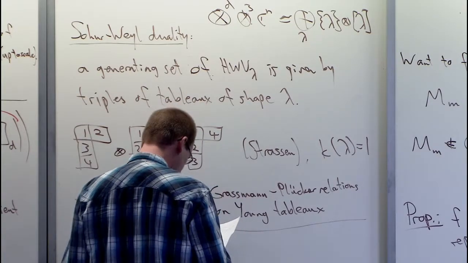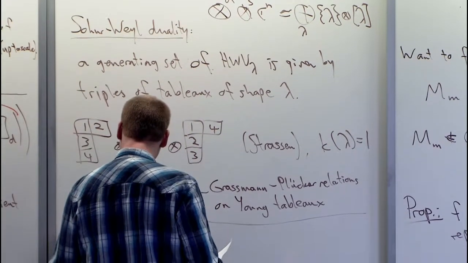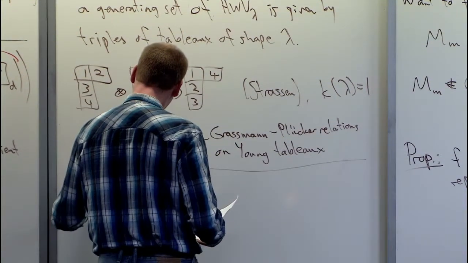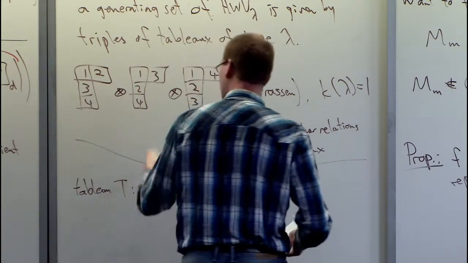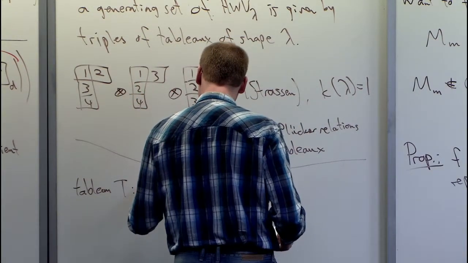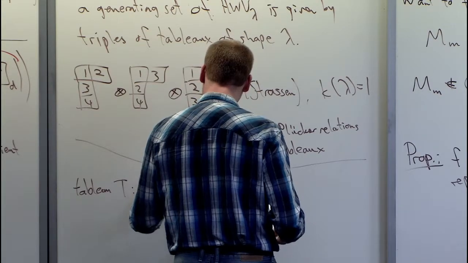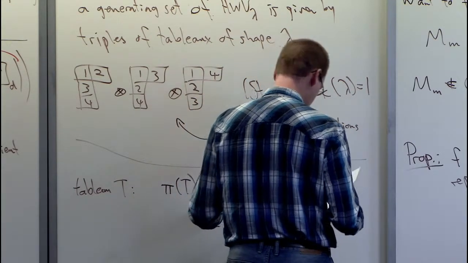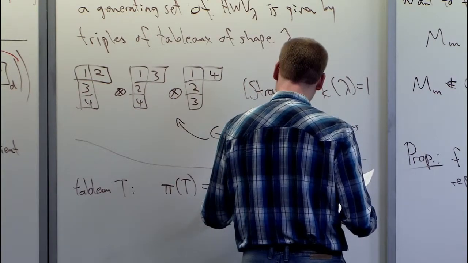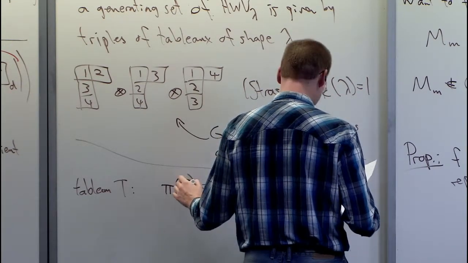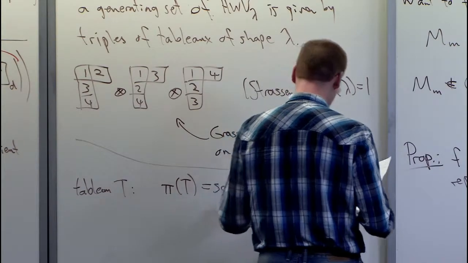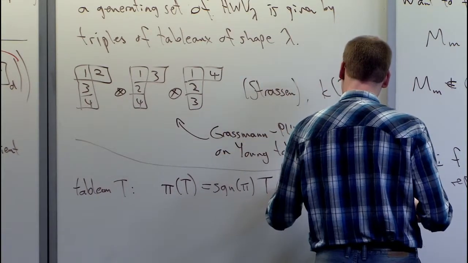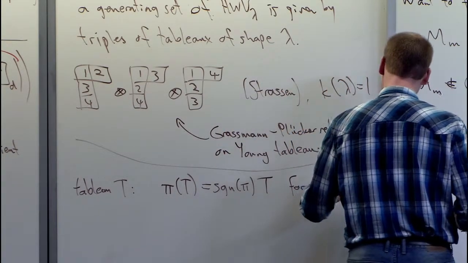So the first thing is whenever you have a tableau T, I want to impose the following thing. When you apply pi to T, then this should be the sign of pi times T, so it should just not change for pi commuting inside the column.